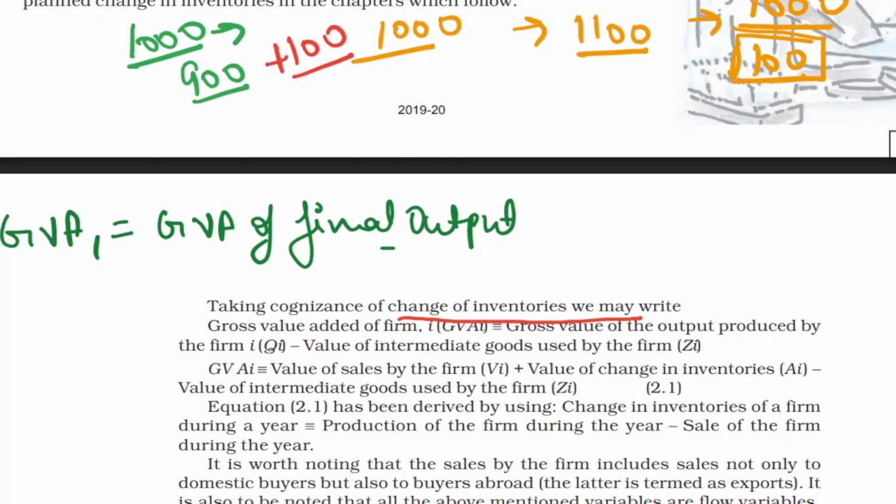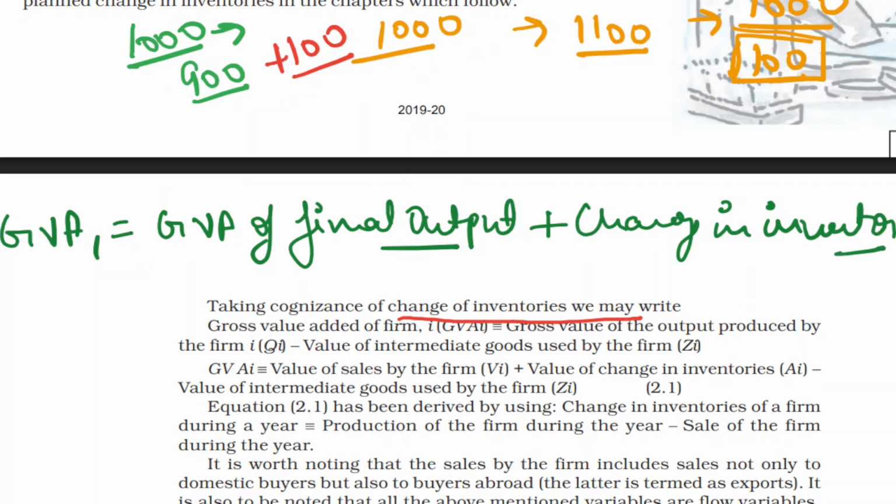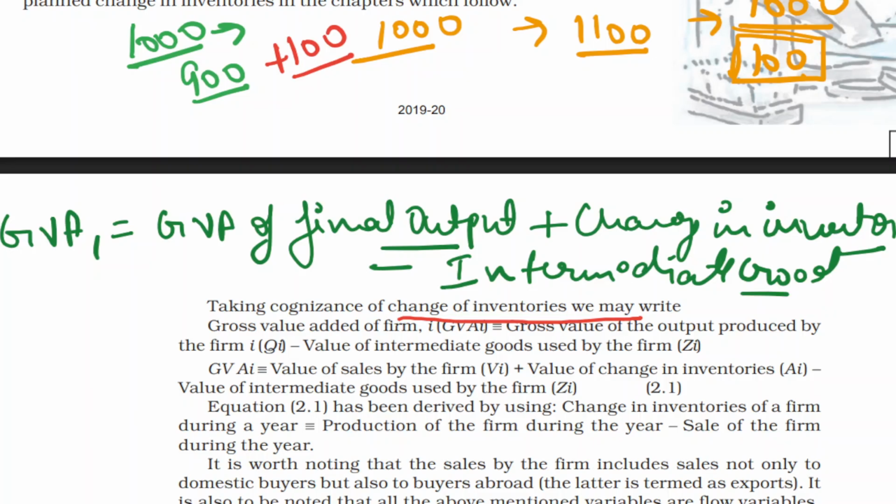Final output basically means your revenue which you have after selling it, plus your change in inventories, because your inventories are a part of investment. You have invested, so the investment will come into change in inventories, minus your intermediary cost, the value of the intermediary goods that you are using. We are not going to add those intermediary goods because we have already taken the final output, right?